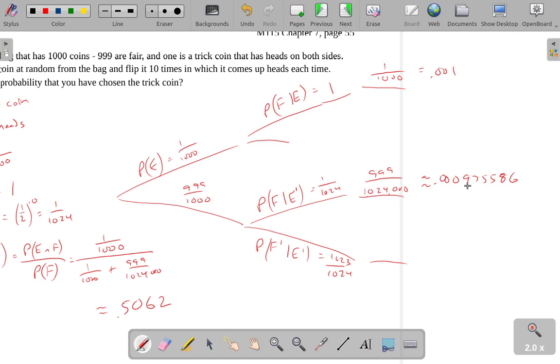That's really close to 0.001. So if you were to repeat this experiment a bunch of times, roughly 0.1% of the time you would have the trick coin, and that's why you'd be able to get all 10 in a row. Another roughly 0.1% of the time you'd have one of the non-trick coins, and you've just been flipping it enough that you would actually get all 10 in a row.